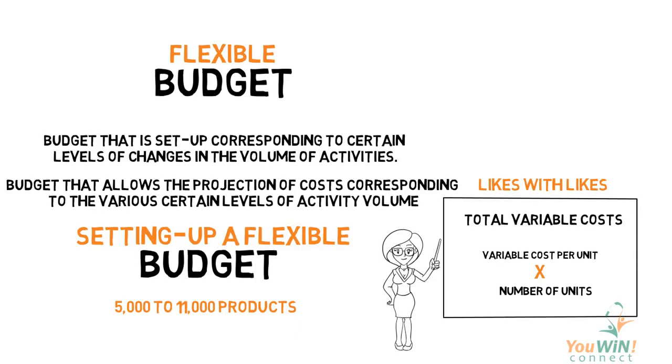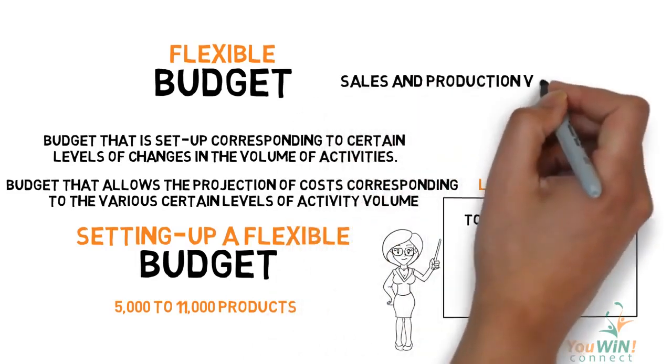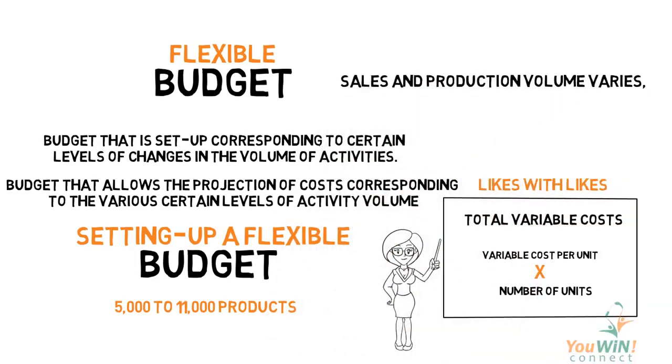It is necessary to emphasize that the budget drawn up by a static budget envisages the cost corresponding to only one level of sales or production. When the sales or production volume varies, the cost will also vary.